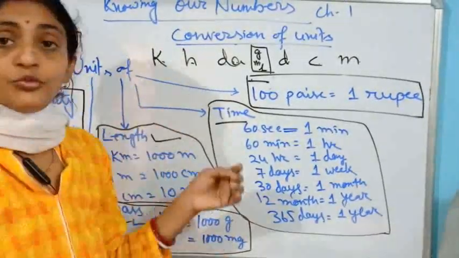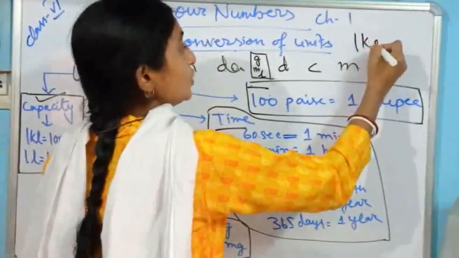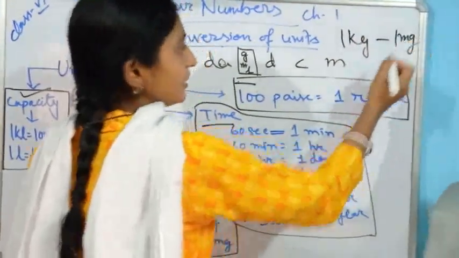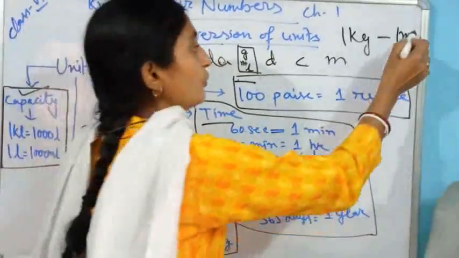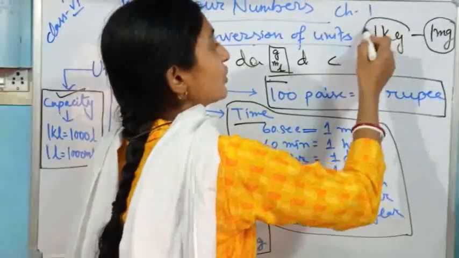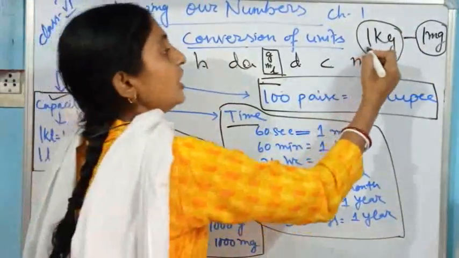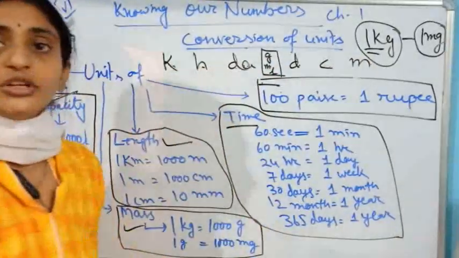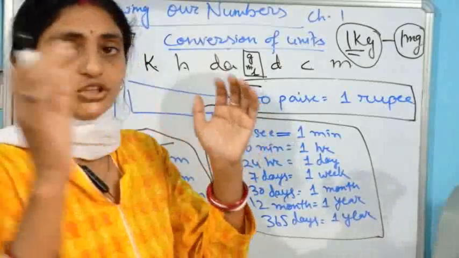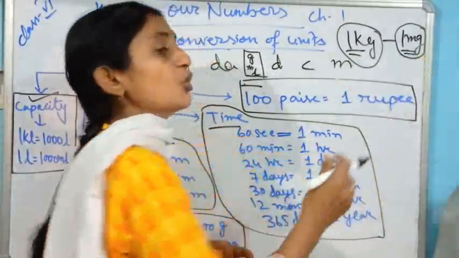So you might have that idea of how much is 1 kilogram and how much is 1 milligram. The weight of medicine we can go for milligram, but the weight of rice your parents are bringing in a sack will be measured in kilogram. So kilogram is the bigger unit for measuring the bigger amount, and milligram is for smaller amounts.